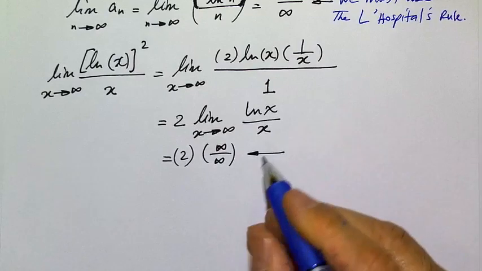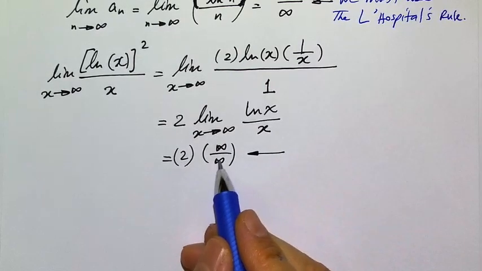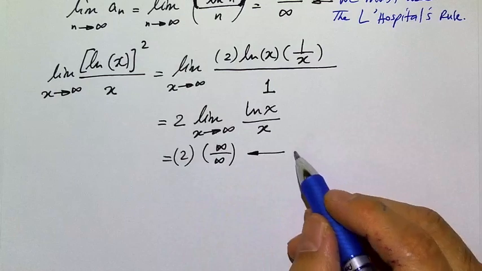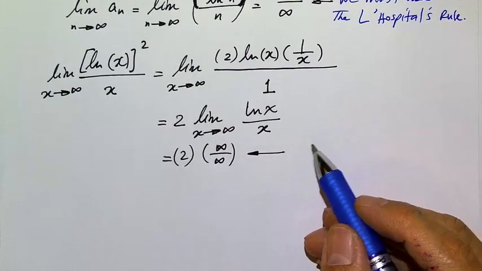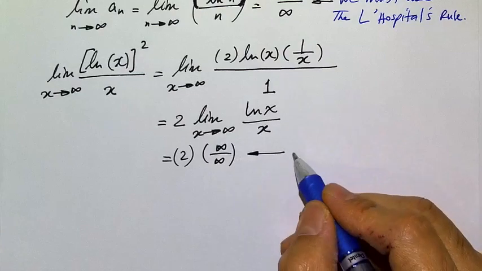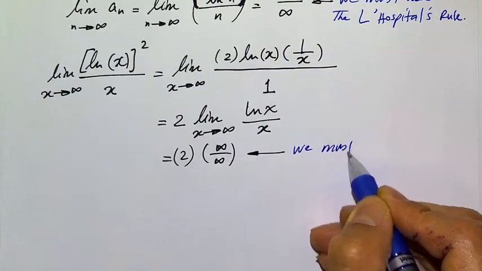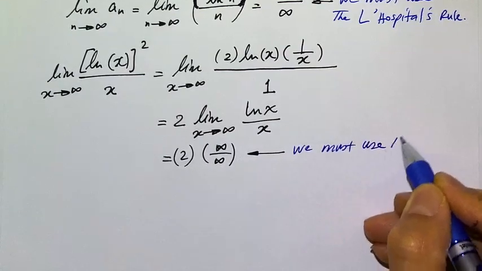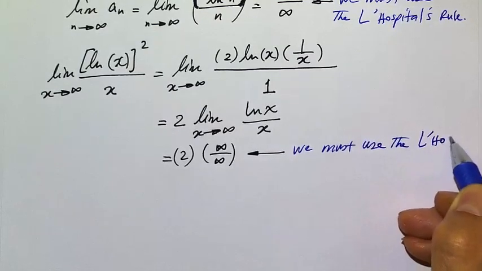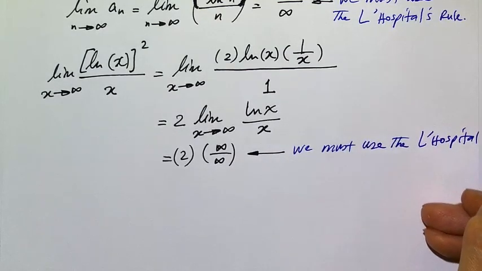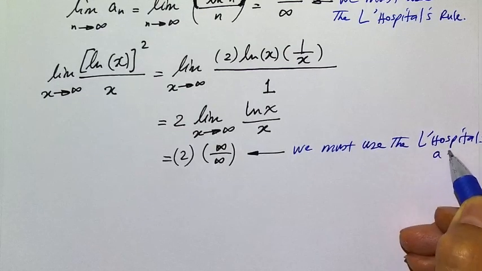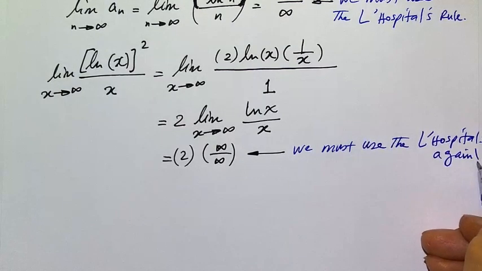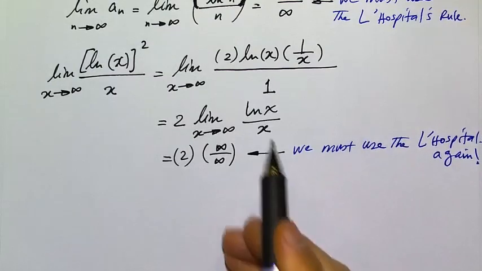We must use it because this is again an indeterminate case of a limit. One of those several cases, almost a dozen cases where we have to use the L'Hopital rule. So we must use the L'Hopital's rule again. Okay, so this time to that.